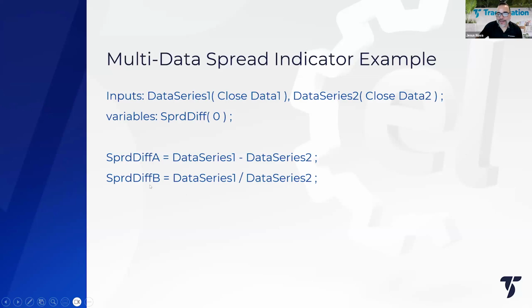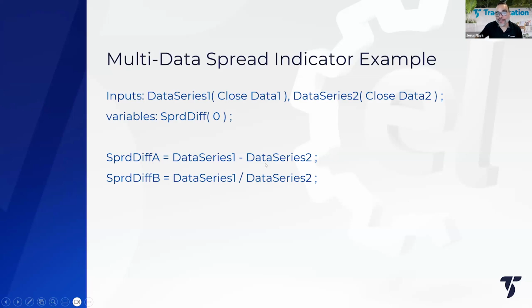But I think when we made the note here is because we wanted to give you two different calculations on those two symbols. Take a look at spread diff A. Is data series 1 minus data series 2. Plain subtraction, the closing price of one minus the closing price of the other.